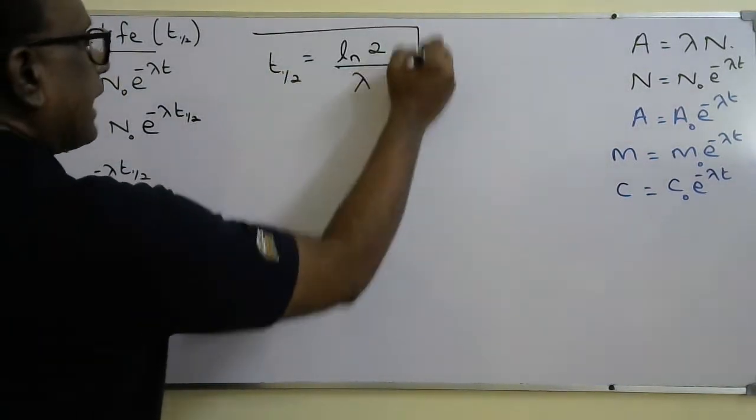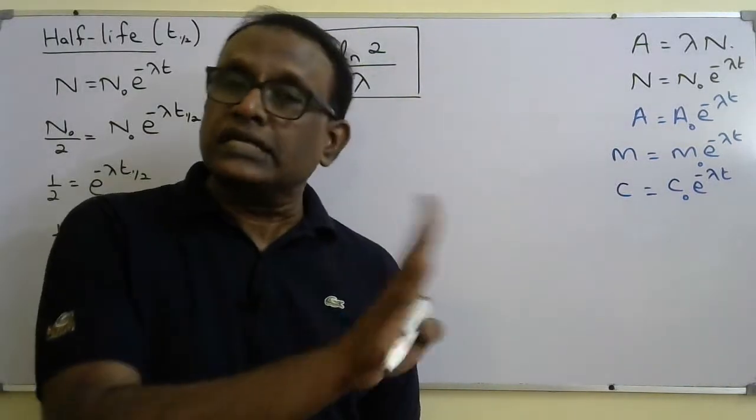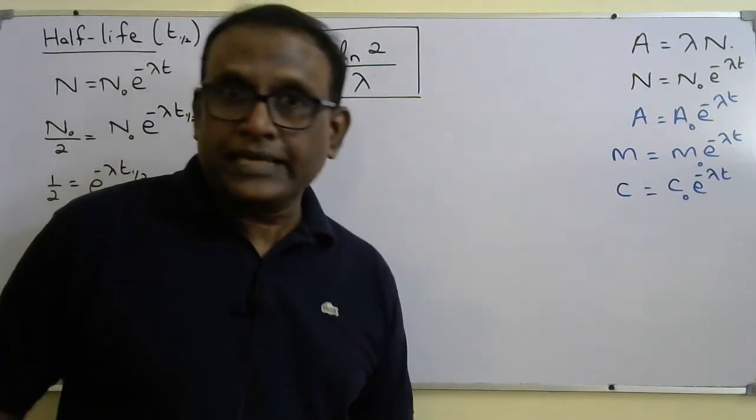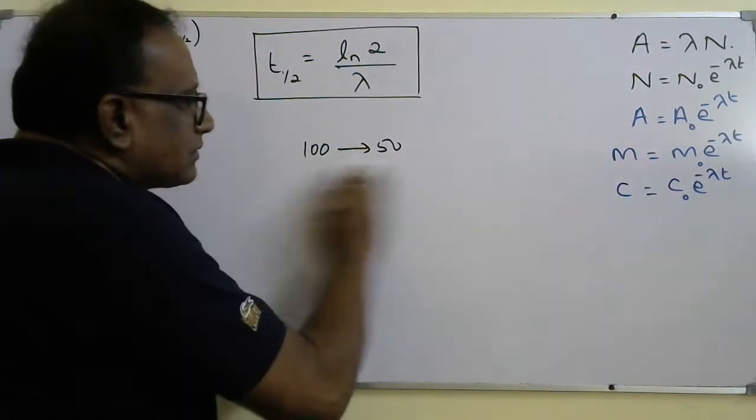Now you can see that this equation is independent of the number of nuclei remaining in the sample. That means whether 100 to become 50, but this number is very low.